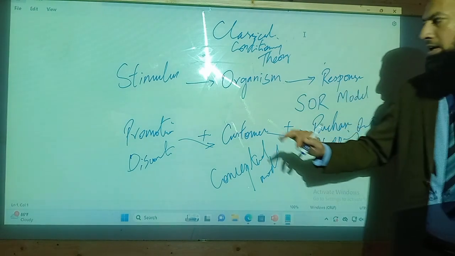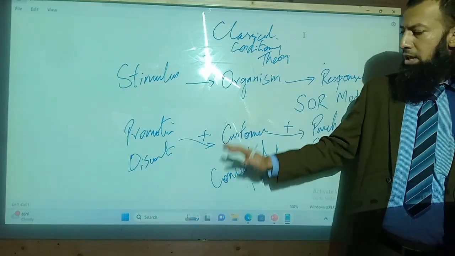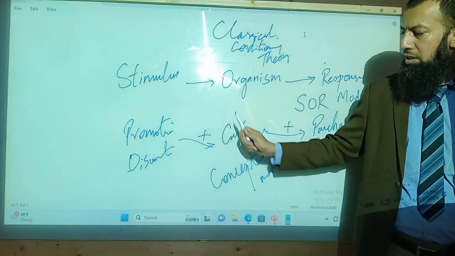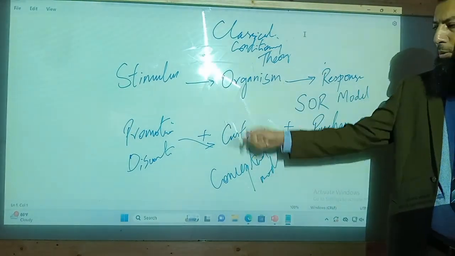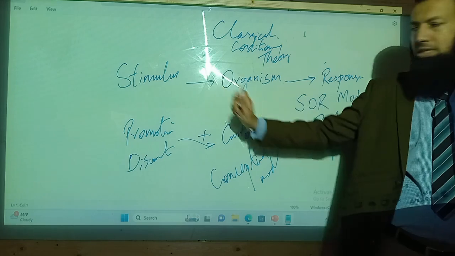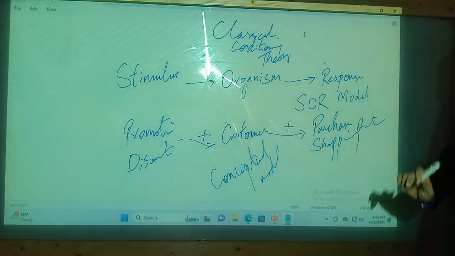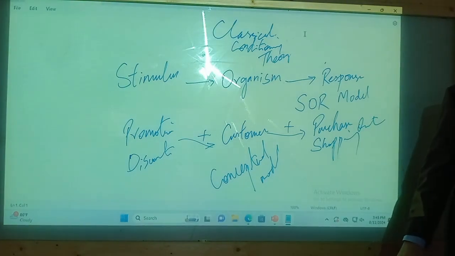Then in the same framework, we used different variables: promotion and discounts for the stimulus, the customer for the organism, and shopping behavior for the response.